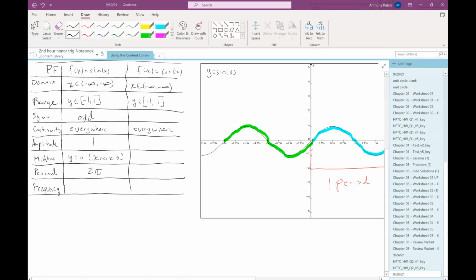Yes, Allie. What did you put for midline? Y equals 0, and then in parentheses I wrote the x-axis. Because they're the same thing, right? We'll use those two terms interchangeably.